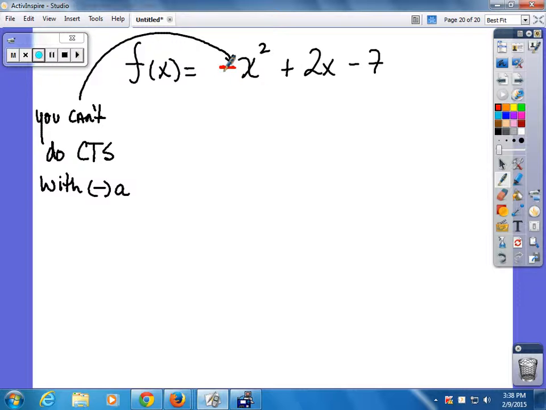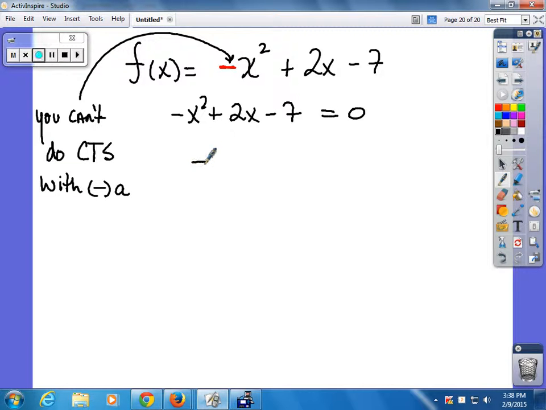Okay? So what do? Well, first of all, you move the C like you always do. So take your handy dandy black marker. Set equal to 0: negative x squared plus 2x minus 7 is equal to 0. Setting y equal to 0 so I can get my x-intercepts.